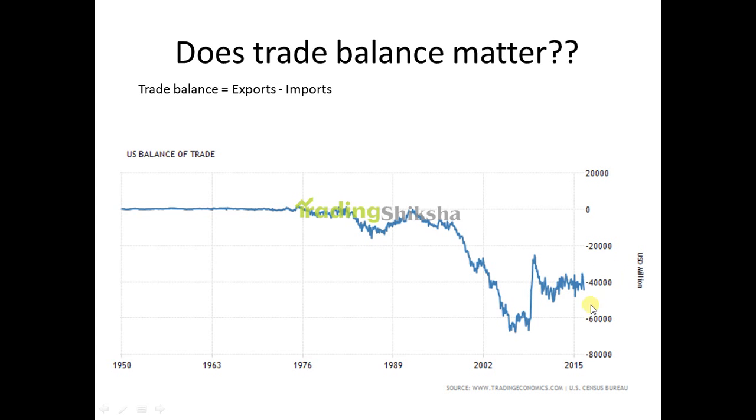It is negative. So the US is importing 40 billion more of goods and services compared to the amount it is exporting.